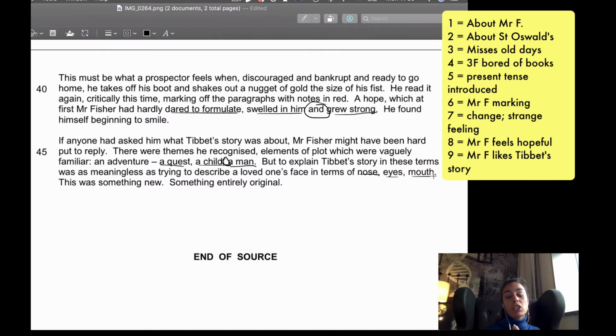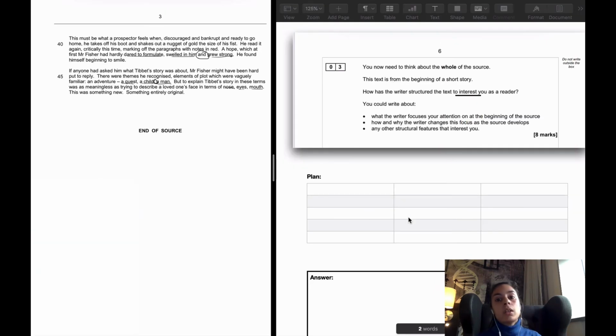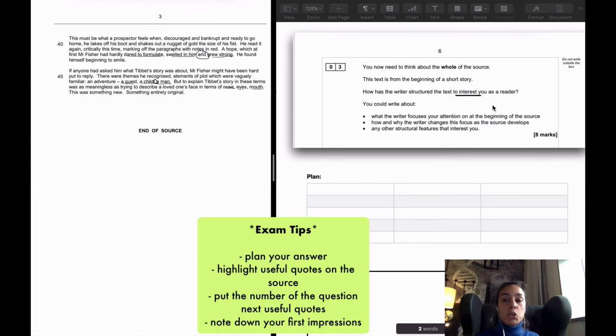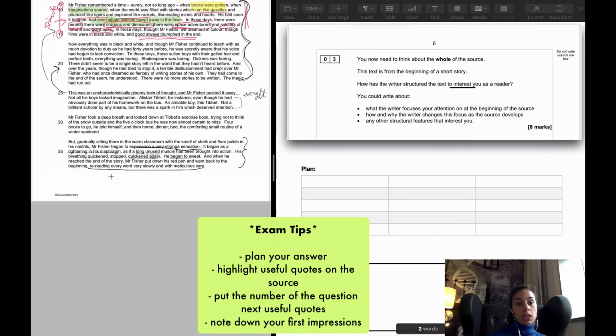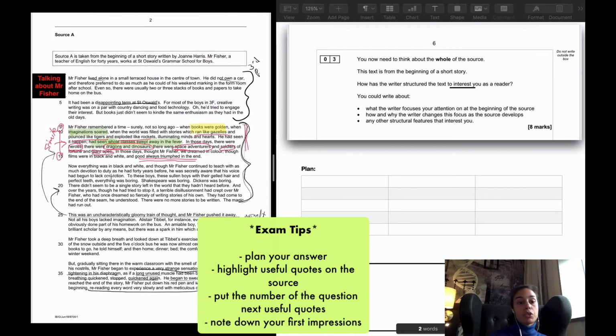Now let's look at how we start formulating this information into an answer. I highly recommend that you plan your answer for this, even if it's a very, very short plan. Once you've looked at the question, you've gone back to the text, and you've found things that you think will be useful, I also recommend, if you think there's information that is useful, put a number 3 next to it.